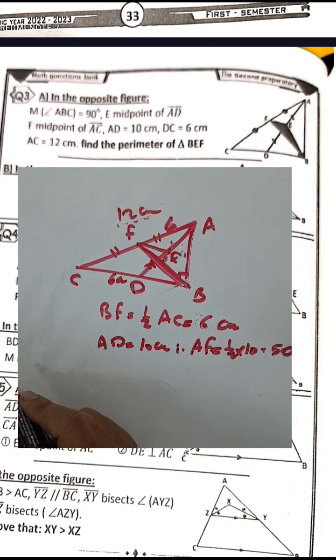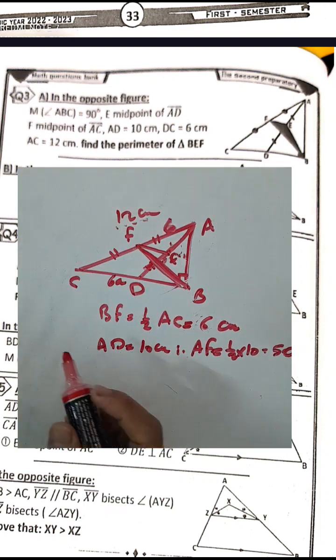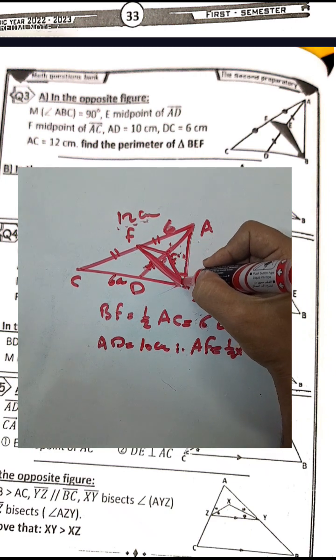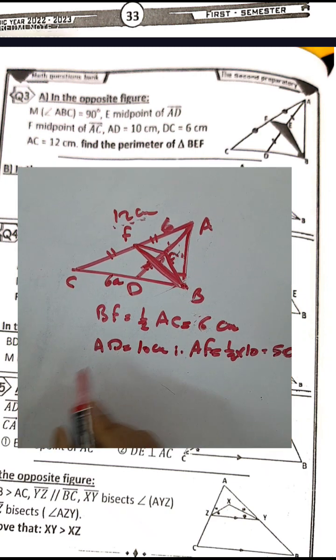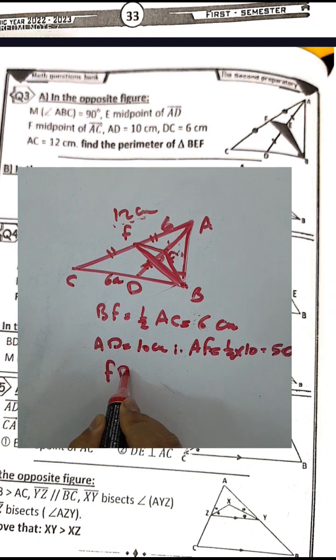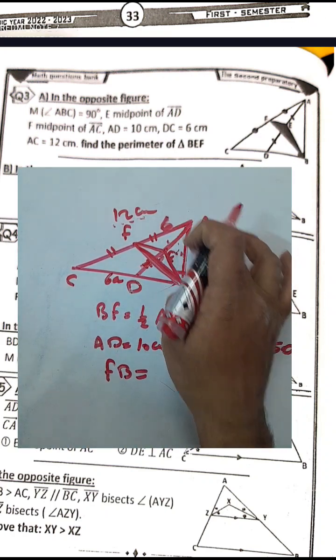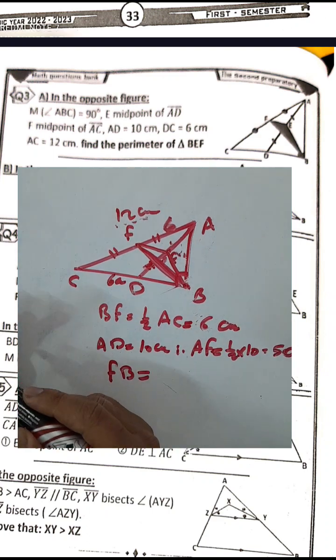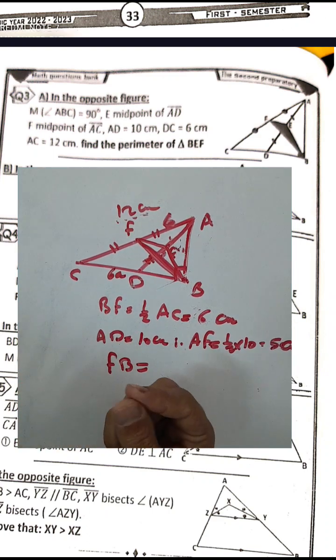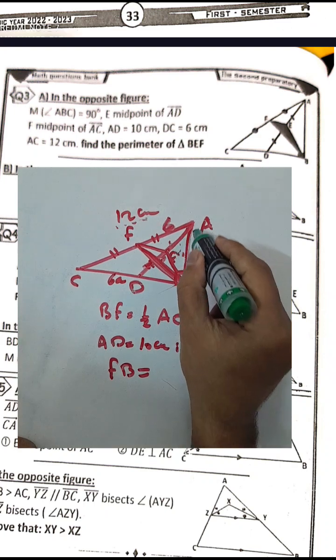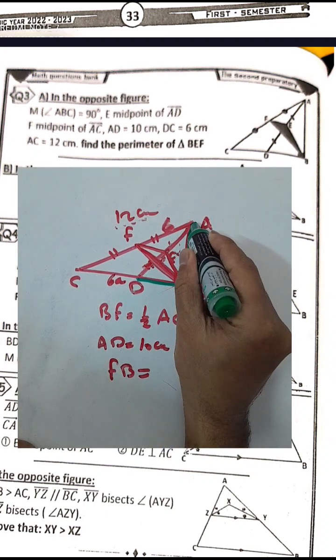Okay, you want to find the perimeter of the triangle here, and we have FB. This side length will be half this side because we have a right angle triangle here. Understood? We have right angle triangle ABD. It's a right angle triangle.